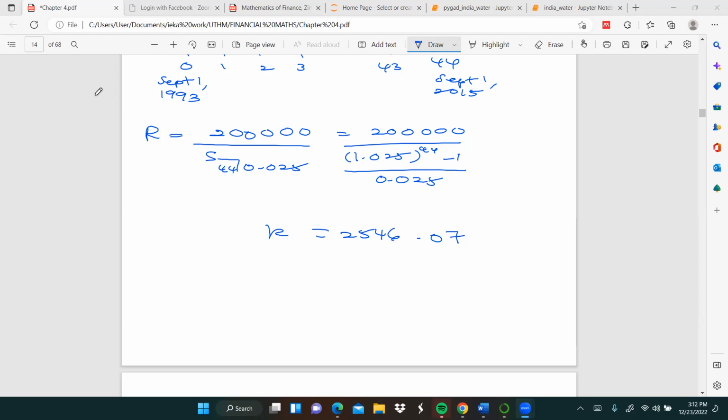So case yang pertama tu kalau dia deposit setiap 6 bulan, setiap 6 bulan tu dia perlu bayar 2,546.07. Untuk case kedua, deposit setiap bulan, setiap bulan dia perlu buat bayaran sebanyak 430.52.